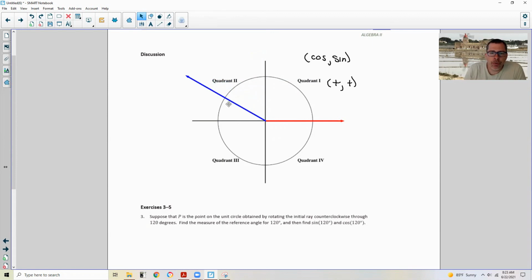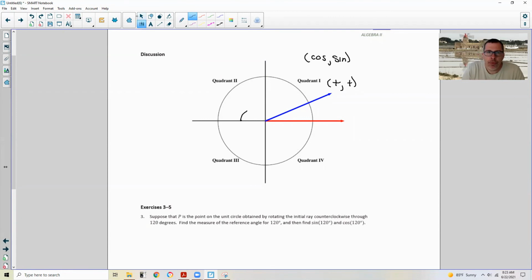Well, now what we do is, where is our reference angle? Our reference angle is always going to be between our terminal ray and the x-axis. So if I move this back here, where's our reference angle? Our reference angle is right here, and we called it theta.